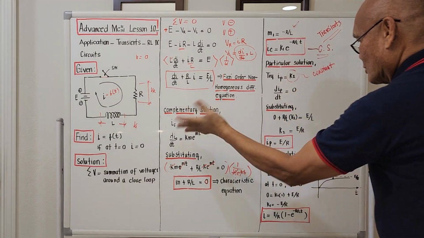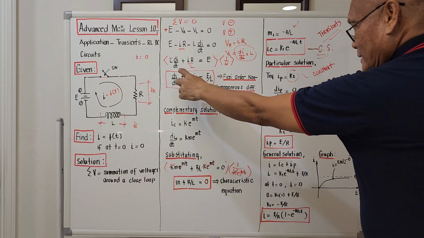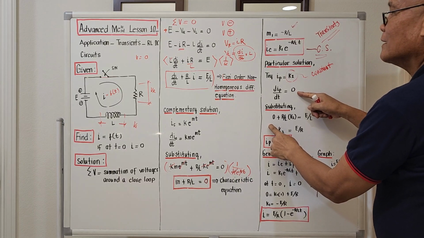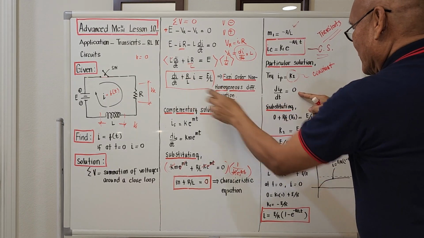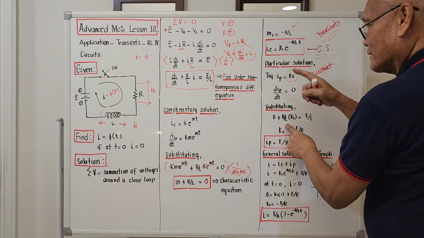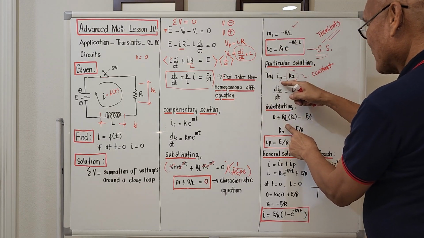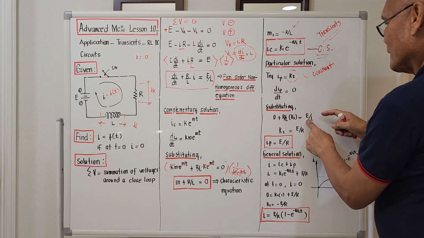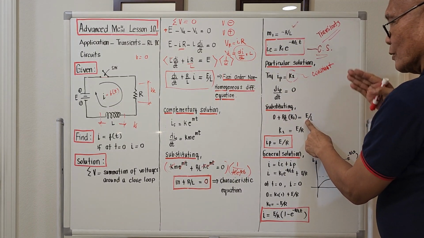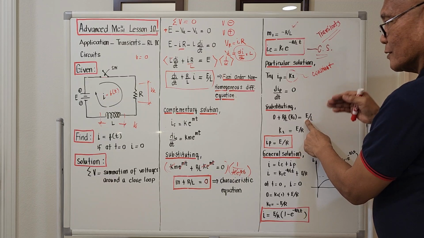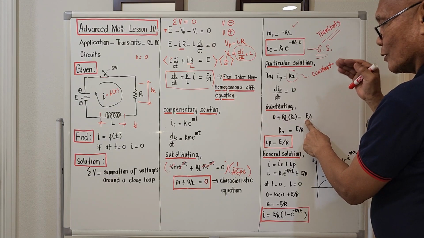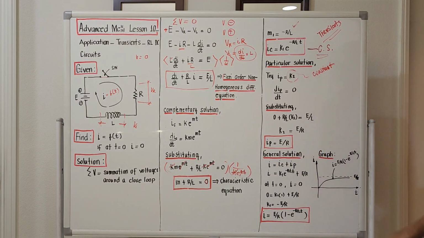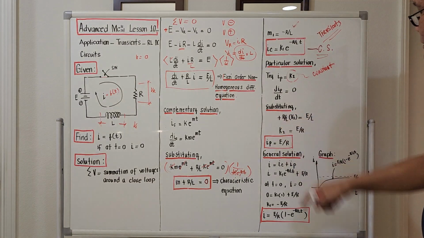Di over dt is 0, plus the ratio R over L times I particular, which is K2, and this should be equal to the right hand side. We are solving for the particular solution, so the right hand side should be the ratio E over L. This is now 0.